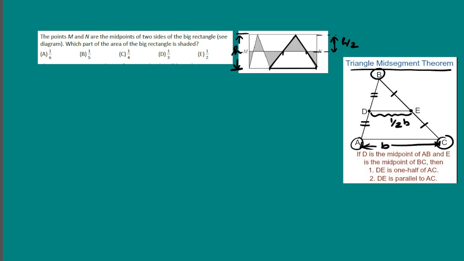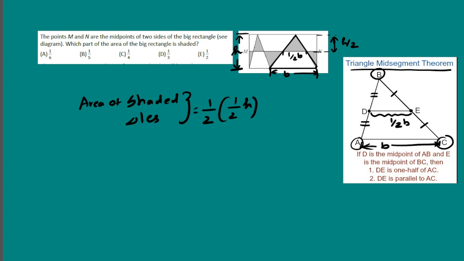So the width of the shaded portion is actually half of the width of each of these bigger triangles. So the area of the shaded triangles is half of the height of the shaded portion, which is h by 2, and the width is going to be b by 2, because the width of each shaded portion is just b by 2.